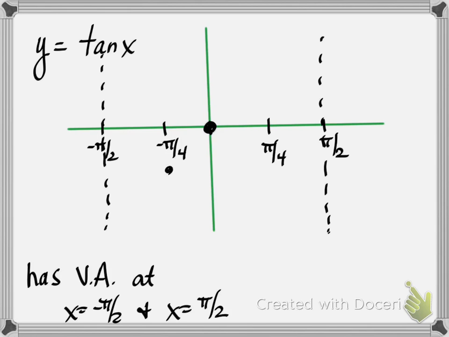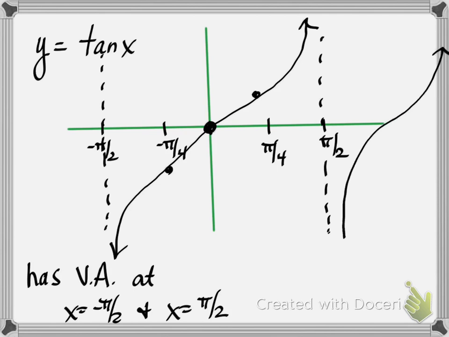Let's put it closer here. There, that looks a little bit better. That's what our tangent graph looks like, and it repeats over and over again in between these asymptotes.